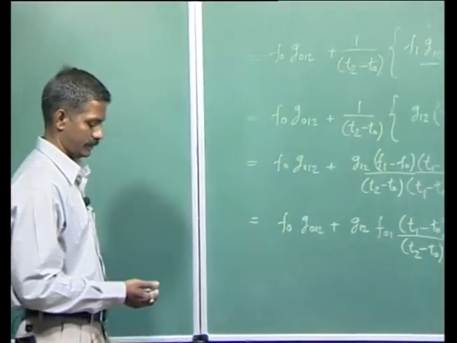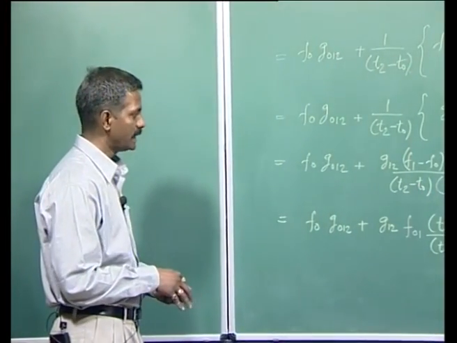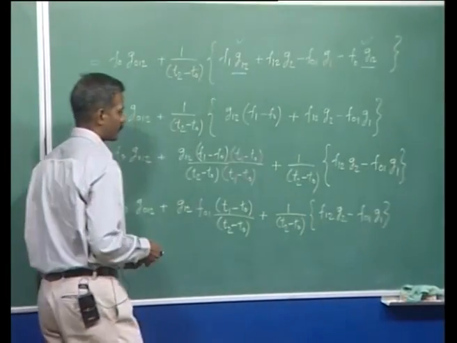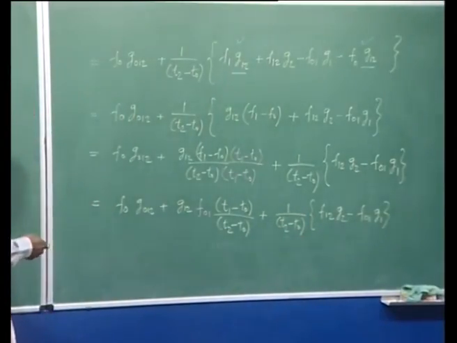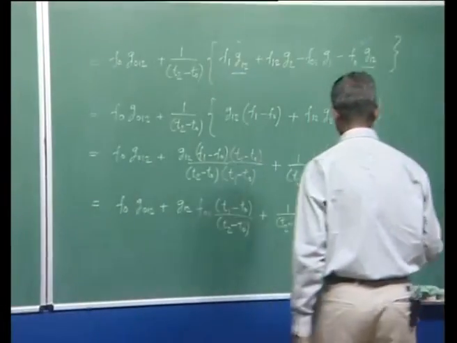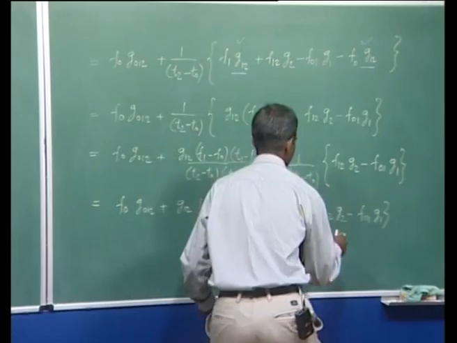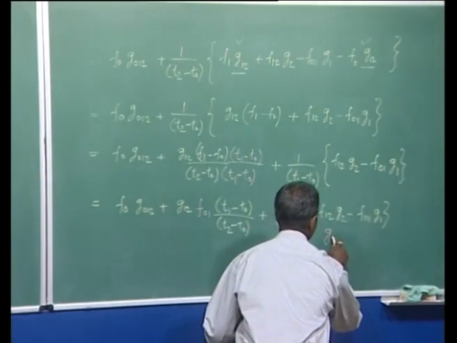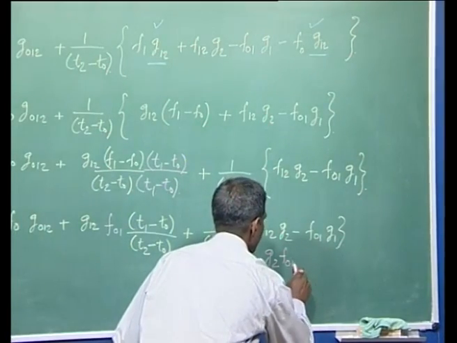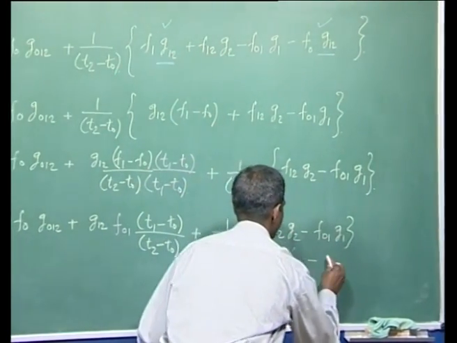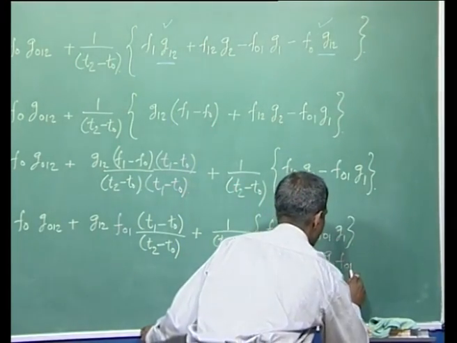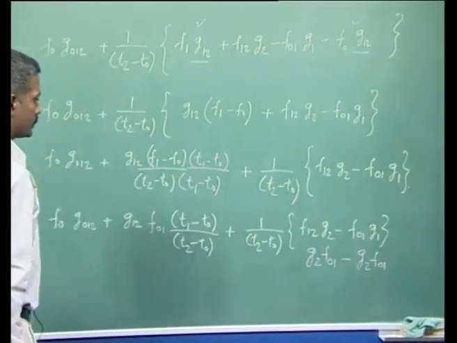F012. I would need to add and subtract something else here. What I'll do is I'll add G2 F01 and subtract G2 F01, and let's see what happens.